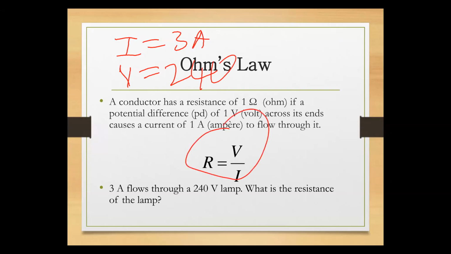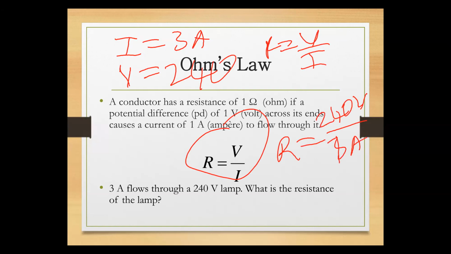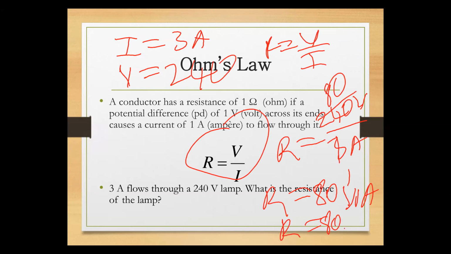As suggested, resistance is equal to voltage over current. Hence, R will be 240 volts over 3 amps. 3 into 24 is 8, that's 80. Hence, 80 ohms. Volts per ampere. That's R is equal to 80 ohms. You are right on that one.